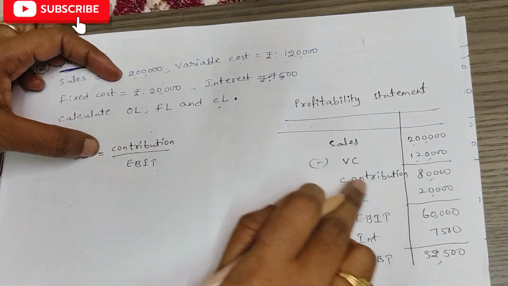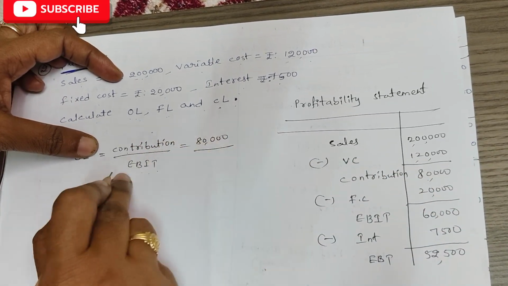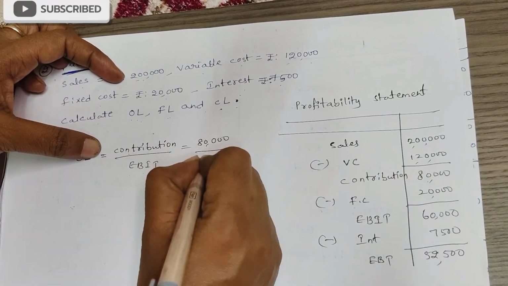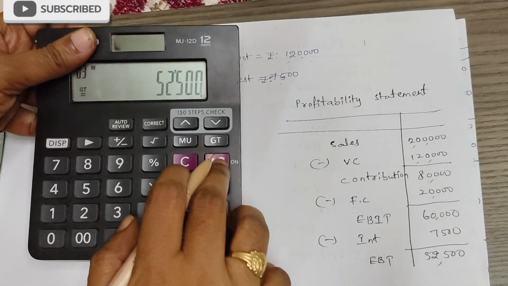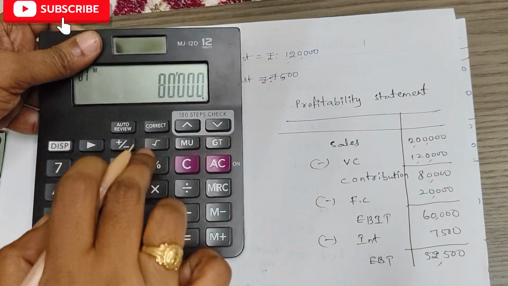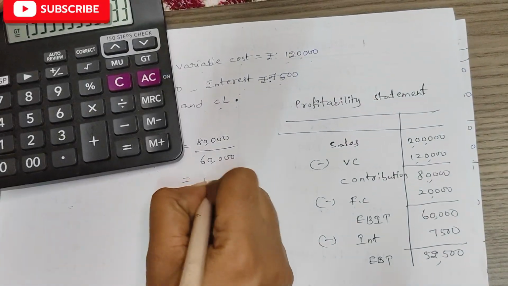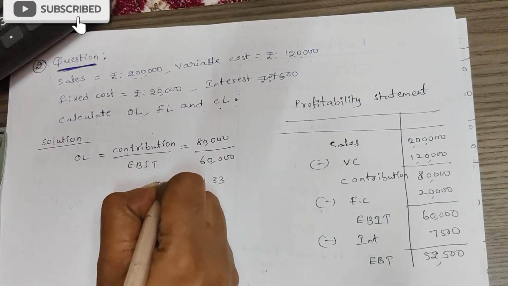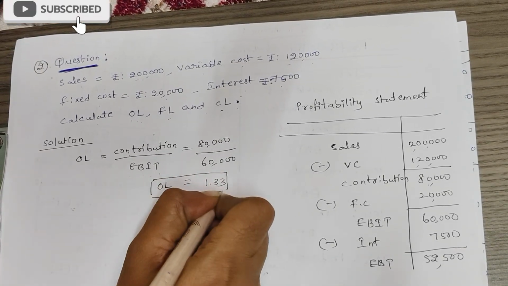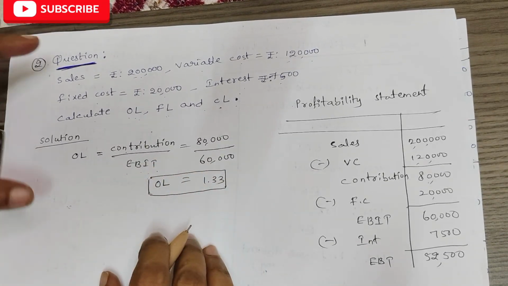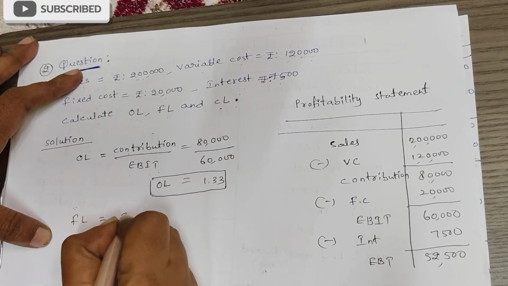So what is our contribution here? 80,000. 80,000 divided by earnings before interest and tax, 60,000. Then what is our answer? 80,000 divided by 60,000. 1.33. So what is this? Operating leverage. Okay. Then second one, FL, financial leverage. What is our formula?